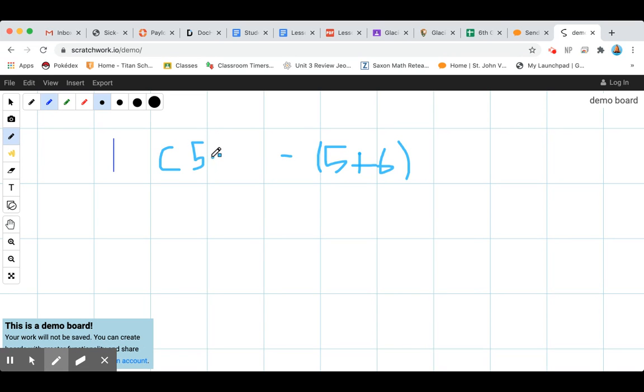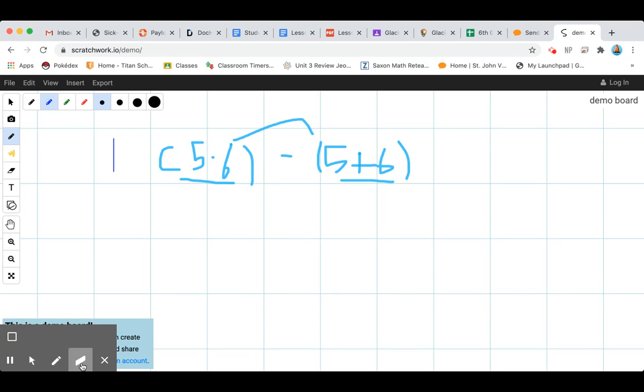In this case, the 5 plus 6 is actually your subtrahend, since that's what we're going to be subtracting. So from here, you just resolve 5 times 6, and then 5 plus 6, and then after you have that difference and that product, you're going to subtract them, and that'll give you what you need for number 1.